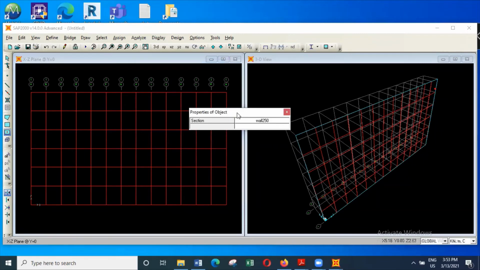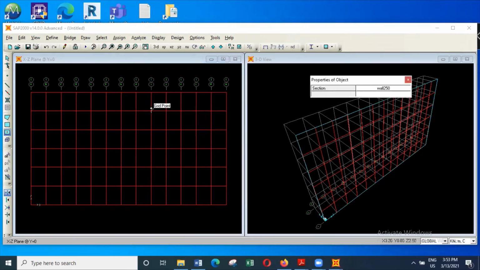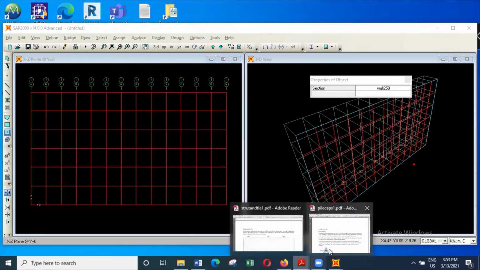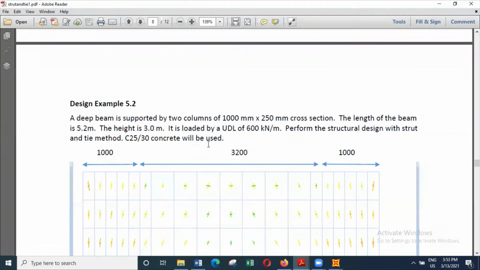Right, so you can see now we have the model, and in this problem the column size is 1000 millimeter by 250. Length of the beam is 5.2 meters. Height is 3 meters.